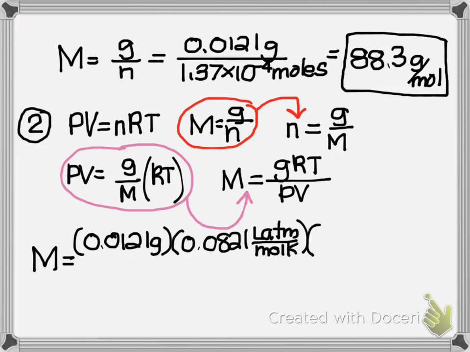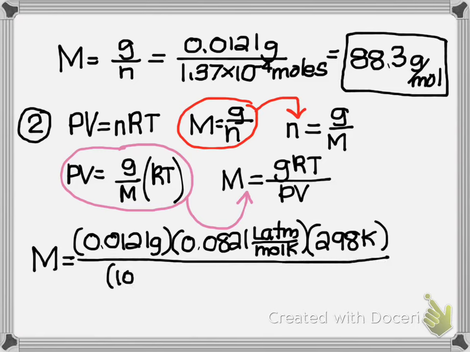Temperature we had was 298 Kelvin. That was given. The pressure was 10 torr, but it has to be in atmospheres, so we convert by dividing by 760.